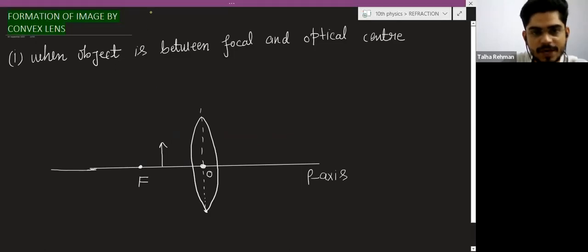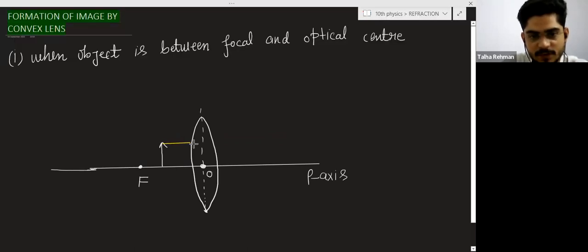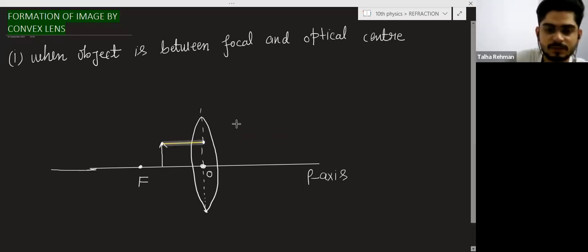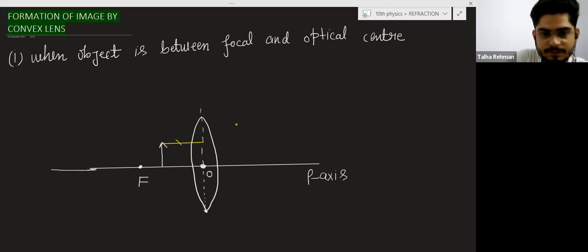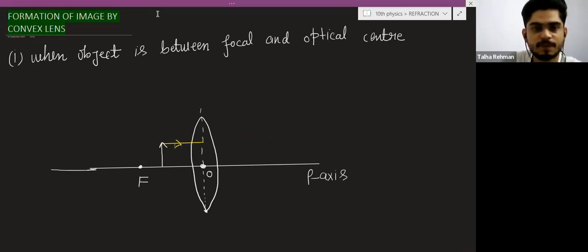A ray of light from this object is parallel to the principal axis, and I have told you this will pass through the focus.